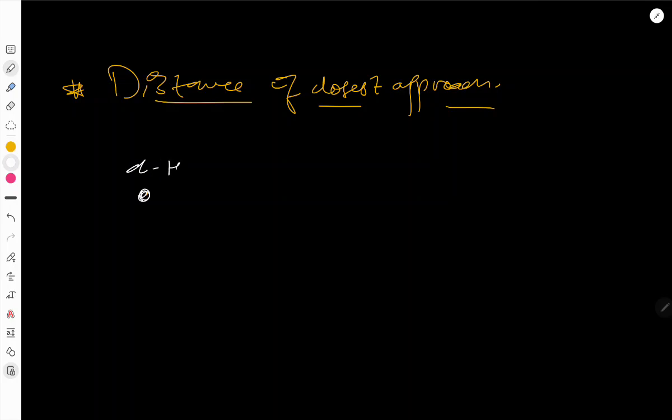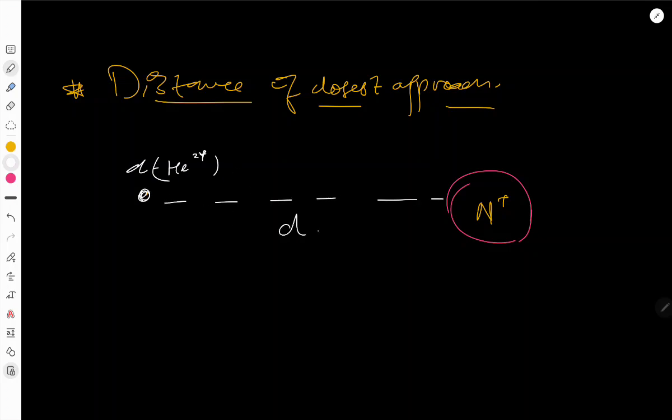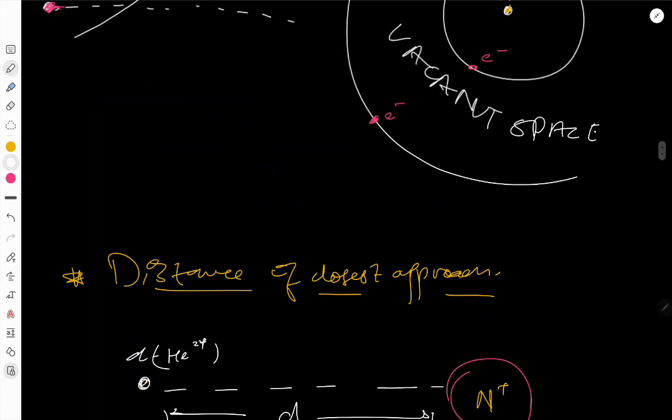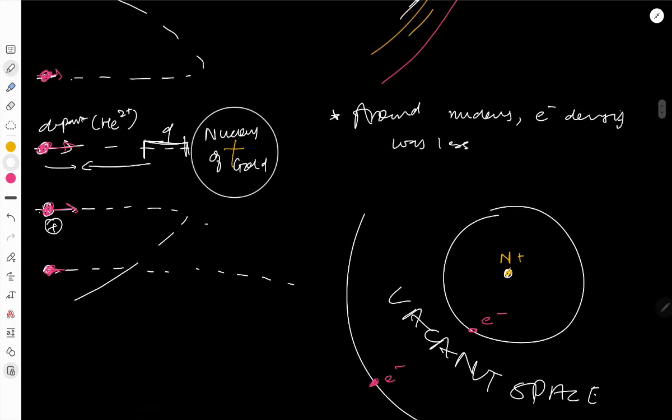This is an alpha particle, and here is our nucleus, and so over here this distance d is the distance for which the alpha particle can come the closest. Now what I mean by that is that over here this alpha particle is deflected, this alpha particle is deflected, this is also deflected, so it can't come the closest. So the closest alpha particle would be this one, which is exactly over there.